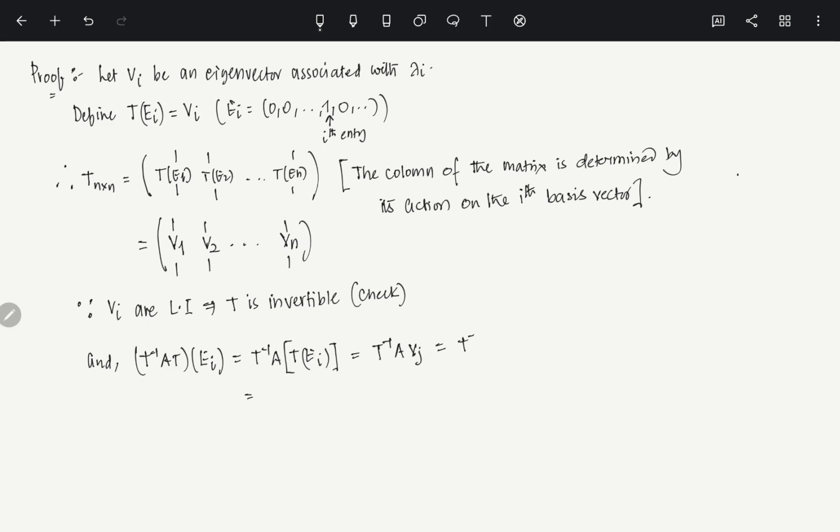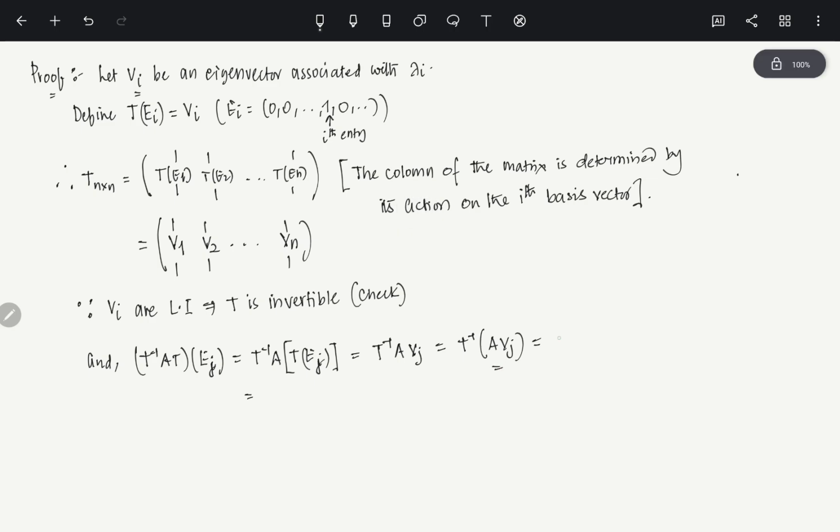So now you see T inverse A acting at Vj. What is A acting at Vj? Sorry, this is J here. Let us do it for J. It doesn't matter I or J, but anyway it's the same. T of Ej is Vj, and Vj is the eigenvector associated with lambda J, right?